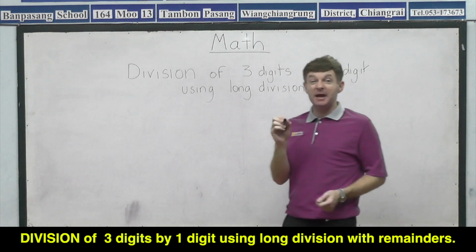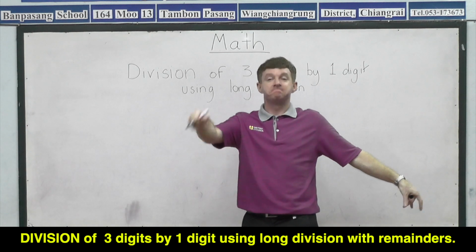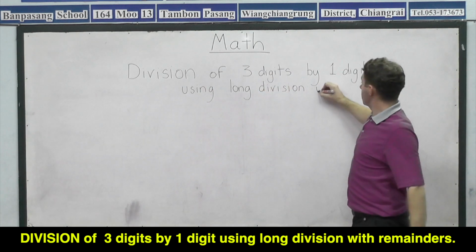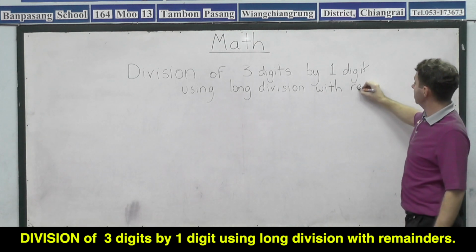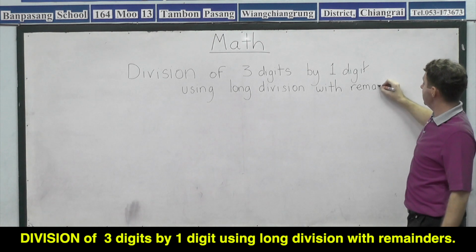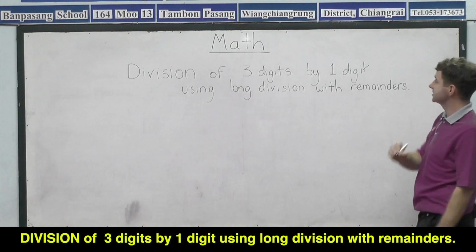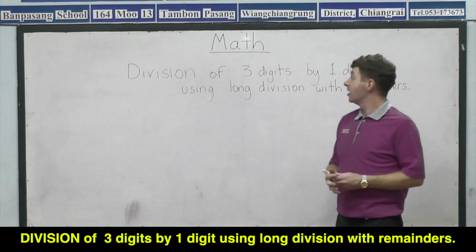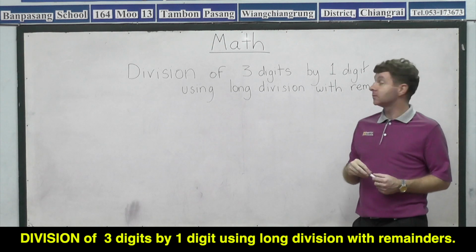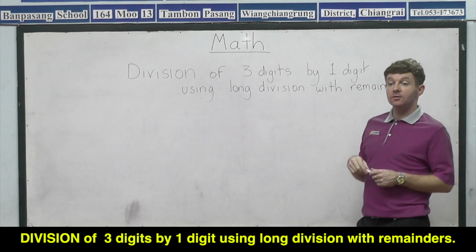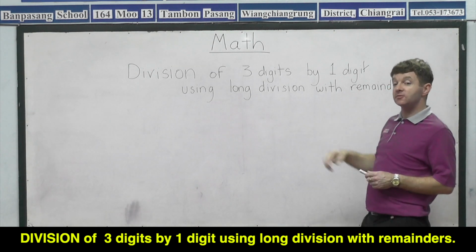Excellent. And remember, in the last lesson, we had some numbers left over at the end. With remainders. Division of 3 digits by 1 digit using long division with remainders.